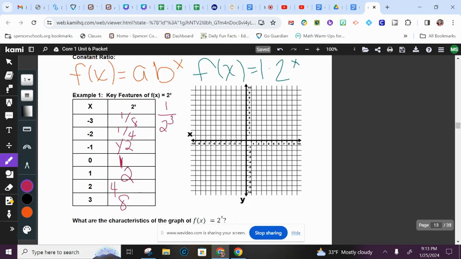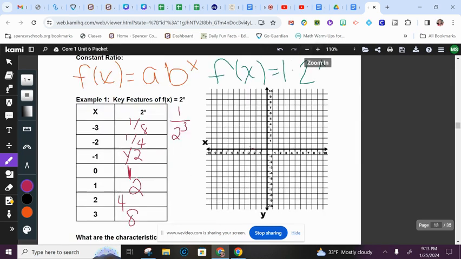I apologize, my stylus isn't working, so I have to do everything with just my finger here. So we'll see if I can graph halfway. Make that a little bigger. So we have -3, 1/8; -2, 1/4; -1, 1/2; 0, 1; 1, 2; 2, 4; and 3, 8.